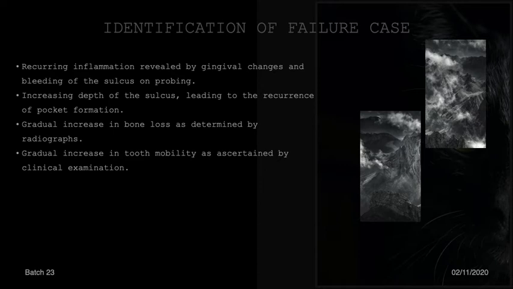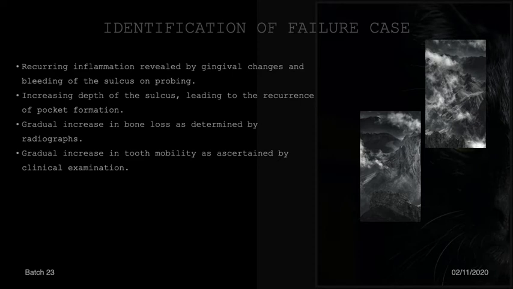In an ideal case, after phase 1 therapy or after any phase of periodontal treatment, during periodontal maintenance therapy, the patient should show some improvement in the disease. If there is no improvement and the case is getting worse, then the therapy should be modified according to the patient.